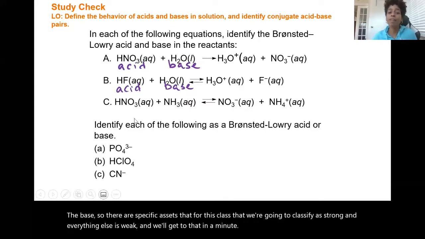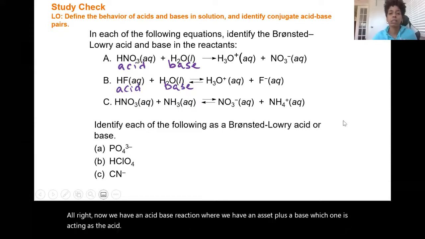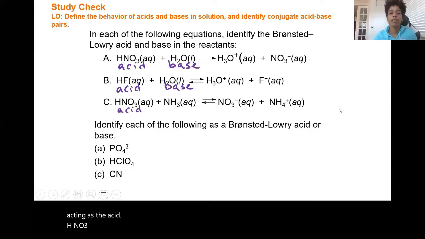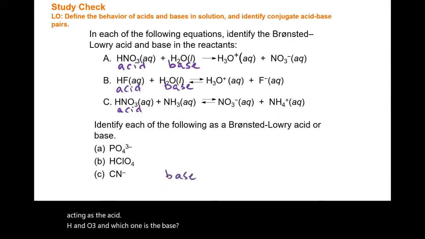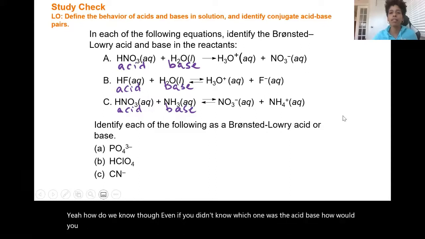All right, now we have an acid-base reaction where we have an acid plus a base. Which one is acting as the acid? HNO3. And which one is the base? NH3. Yep. How do we know, though? Even if you didn't know which one was the acid or base, how would you know?